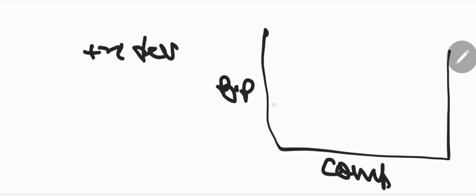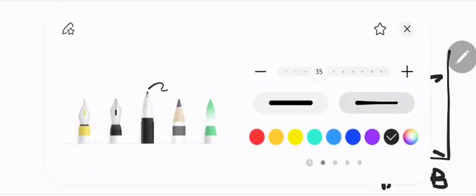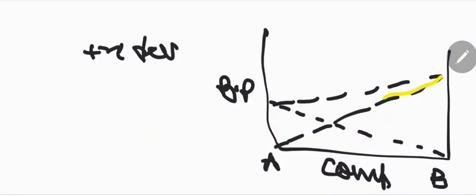For positive deviation, if you draw the curve of boiling point with composition, the expected would be this one. But in the real picture, for positive deviation, we get a curve with a minimum in boiling point.